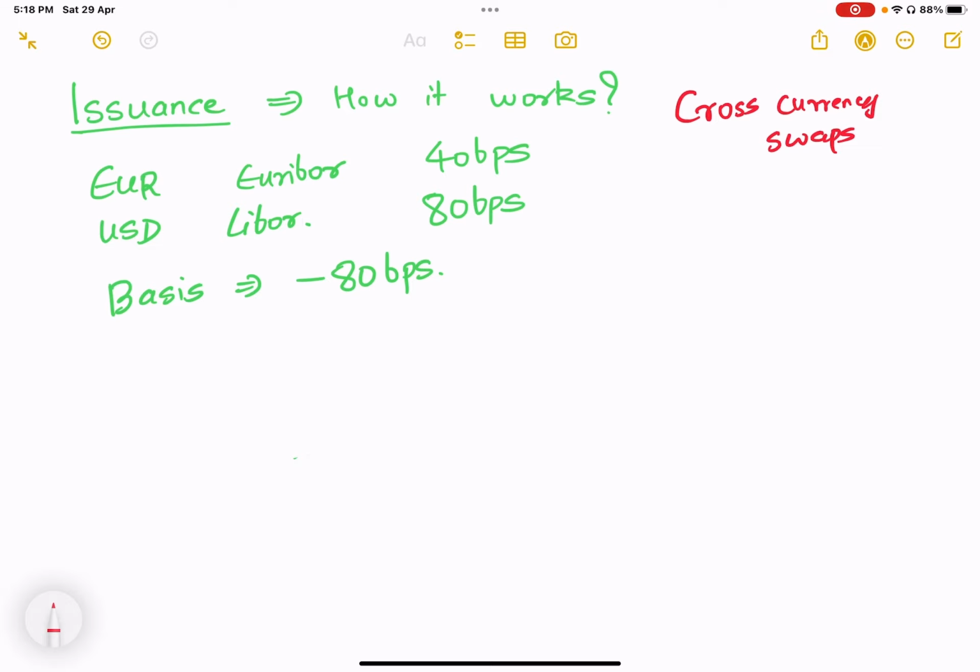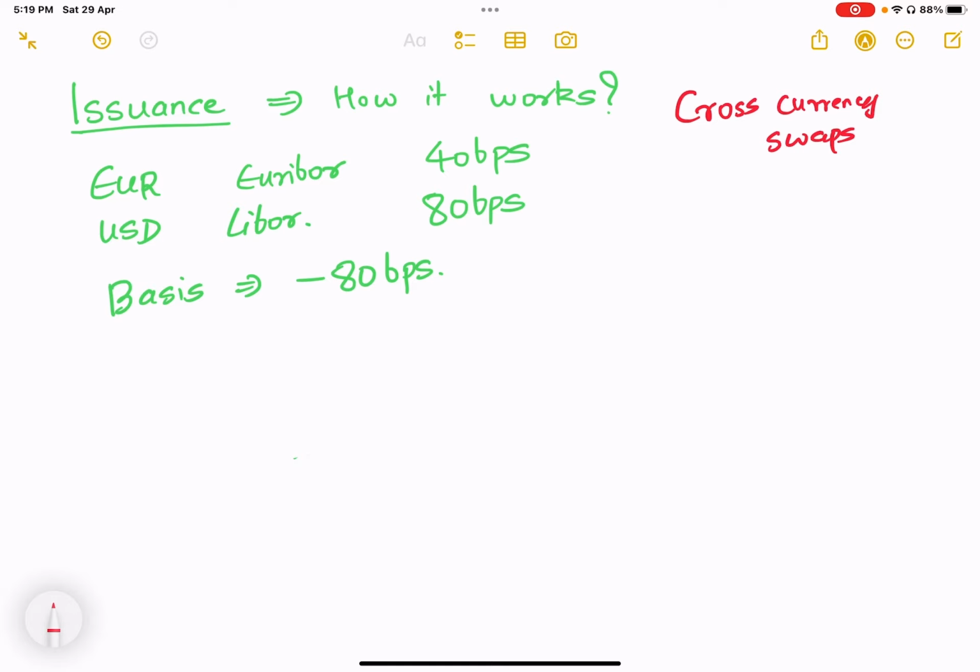So let's take an initial set of numbers. You have Euribor. I'm not assuming whatever the level, I'm using LIBOR. I know it's now SOFR, but for simplicity, let's say these are the two rates at which you can issue.